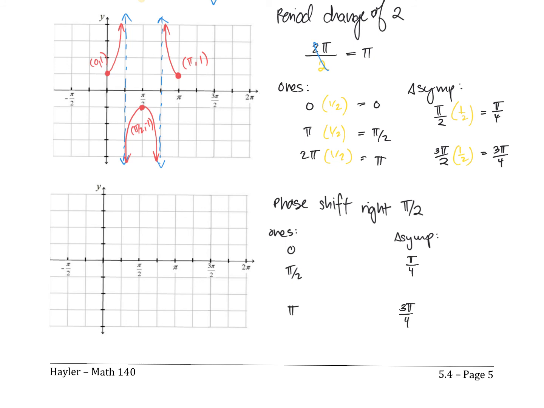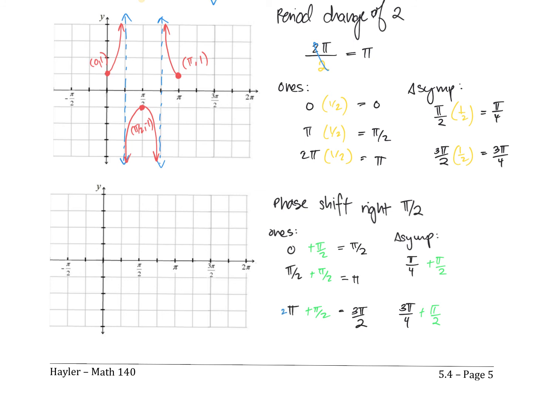And what are we doing with all of these? We are adding pi over 2 to all of them, because we're phase shifting. Adding pi over 2 to all of them. This doesn't need a common denominator, that's just pi over 2. That's going to be pi. That'll be 3 pi over 2.